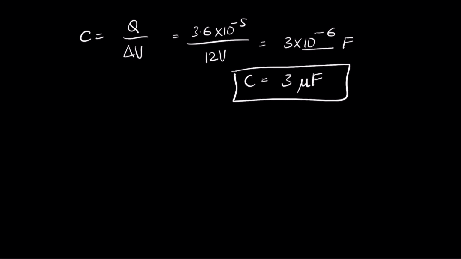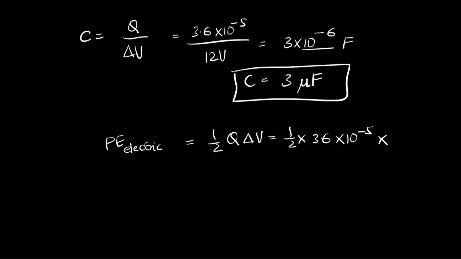Now for the potential energy, the electric potential energy can be written as half times Q times delta V. So half times 3.6 times 10 to the power negative 5 times the voltage, 12. So you have 3.6 times 12 times 0.5, which becomes 21.6 times 10 to the power negative 5.